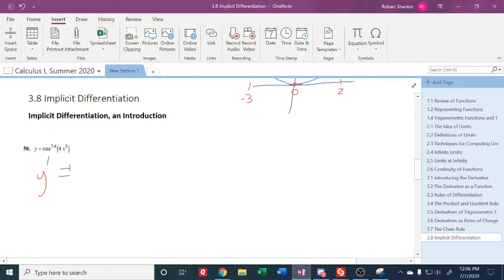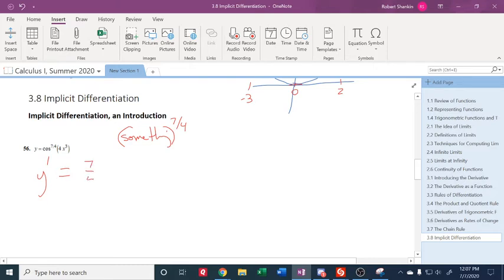All right, the outermost function is something to the 7/4 power, because that's the very last thing you would do. Like if x was 1, you'd cube it first, multiply by 4, take the cosine of it, and the very last thing is raise it to the 7/4 power.